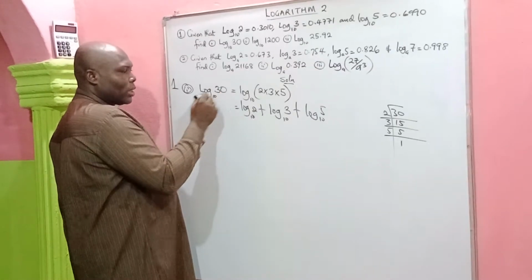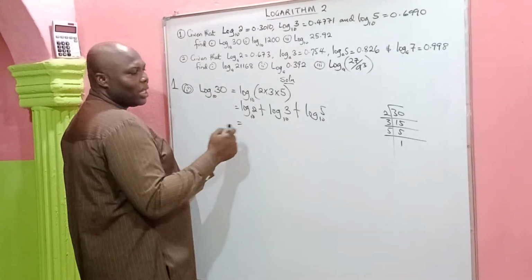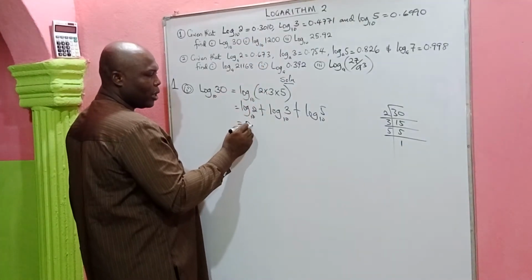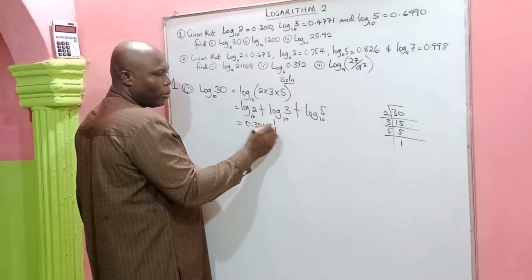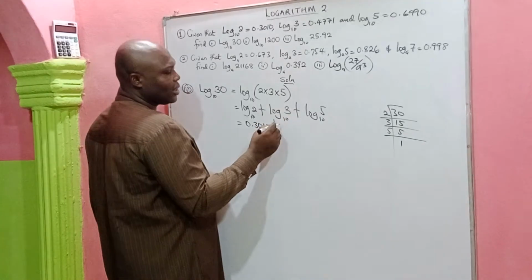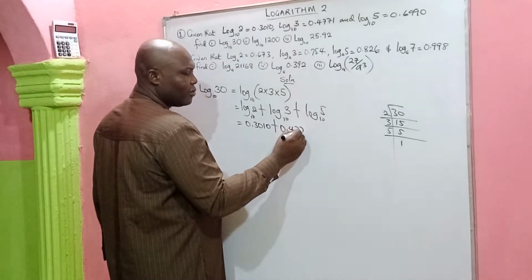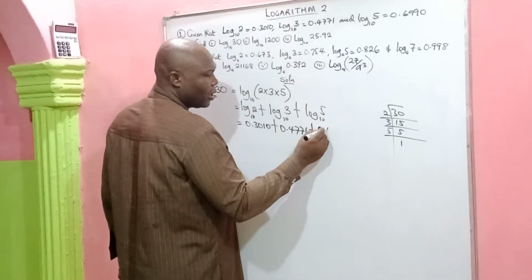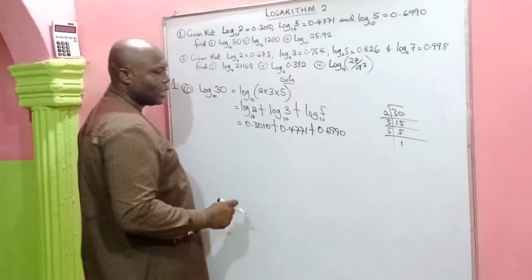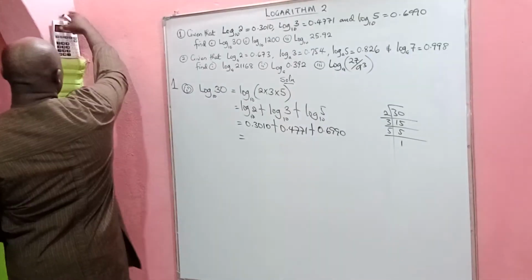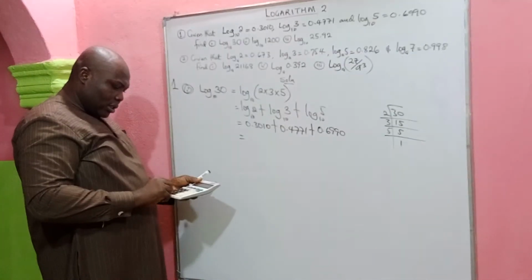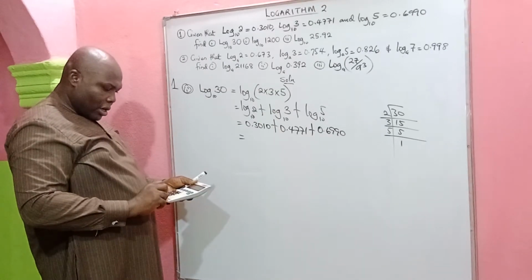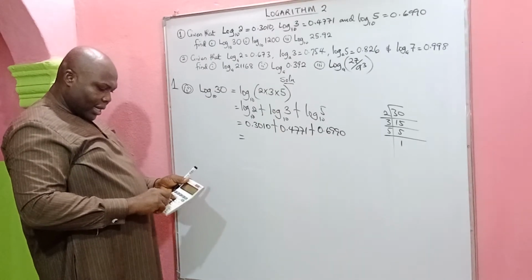Therefore, log 30 to base 10 will be the same thing as log 2 to base 10, which was given as 0.3010, plus log 3 to base 10, which is given as 0.4771, and log 5 to base 10, which was also given as 0.6990. So at this point, with the sum of the three, I will have an answer. 0.3010 plus 0.4771 plus 0.6990.